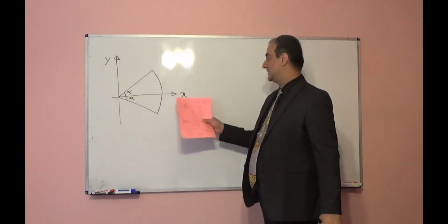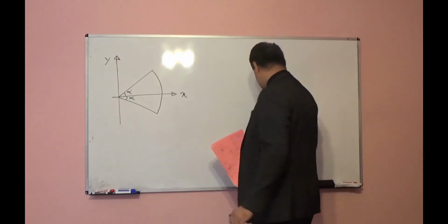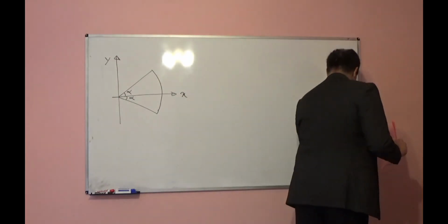I want to find the centroid for this sector. How will I find it? I will assume one element.